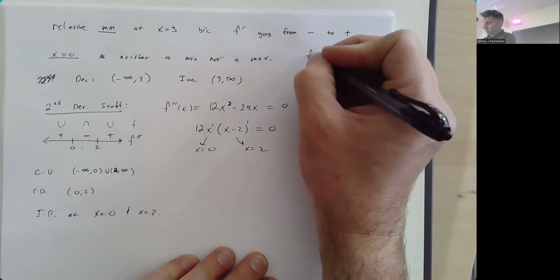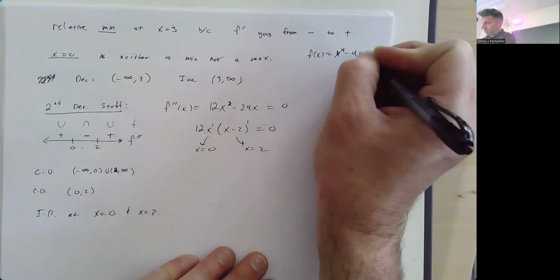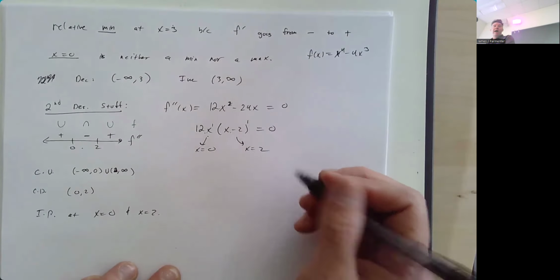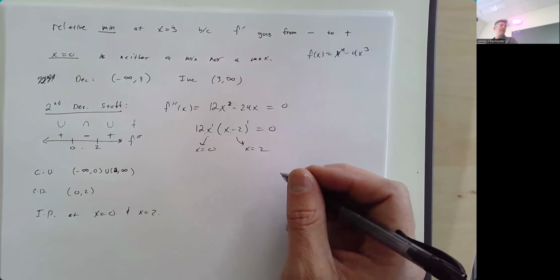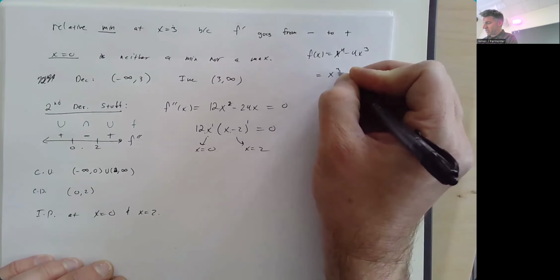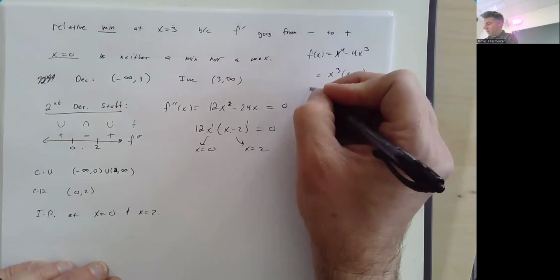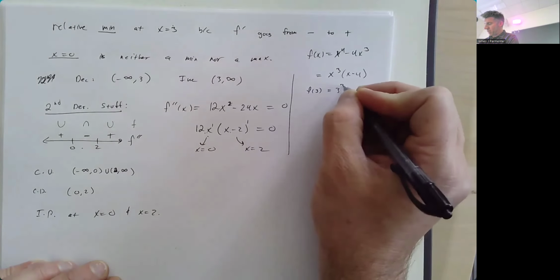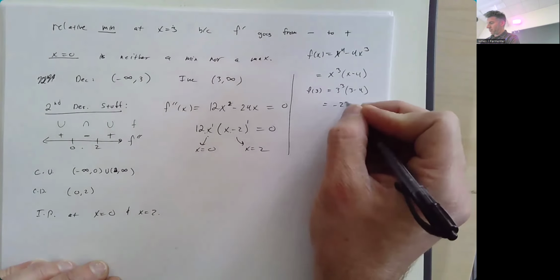So my function, which was x to the 4th minus 4x cubed, I really don't want to calculate 3 to the 4th minus 4 times 3 cubed. And I shouldn't. I should first factor before I try to plug in a number. So I rewrite this as x to the 3rd times x minus 4. It's a little bit easier to plug in 3. F of 3 is going to be 3 cubed times 3 minus 4, which is 27 times -1.